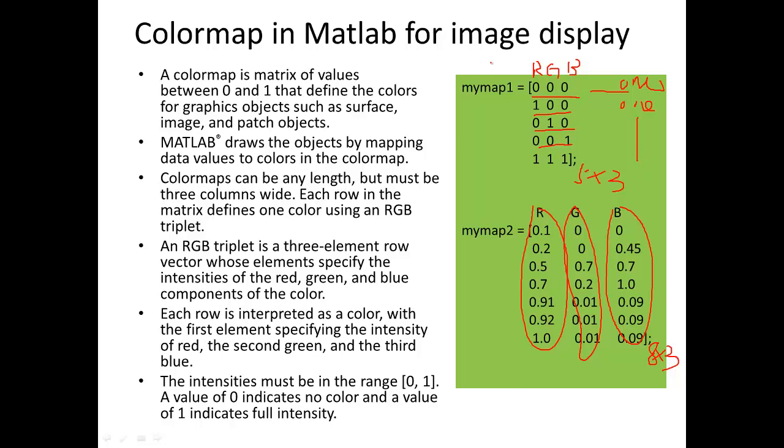So when you display a gray image, first you need a color map. Why? Because on your screen, when displaying your image, it uses color, not gray, to display. It always has three values. For example, your gray value ranges from 0 to n. Gray value 0 should correspond to which row of the RGB? Corresponding to this row.